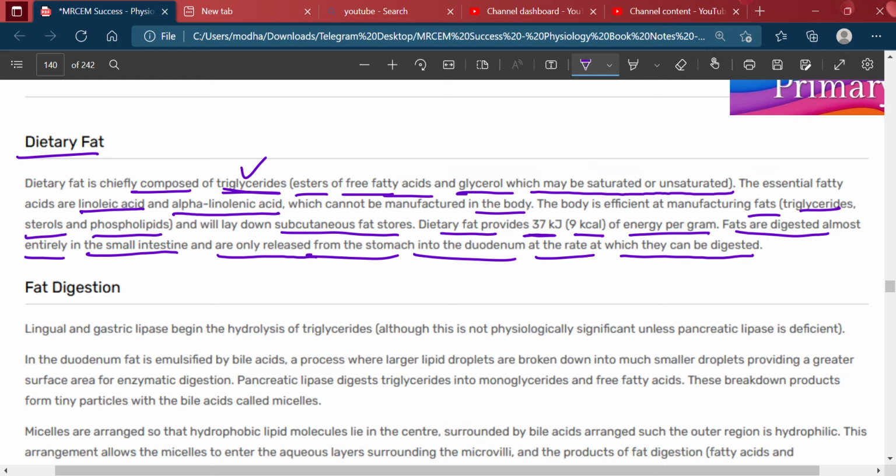The body is efficient at manufacturing fat and will lay down subcutaneous fat stores. Dietary fat provides 37 kilojoules or 9 kilocalories of energy per gram.